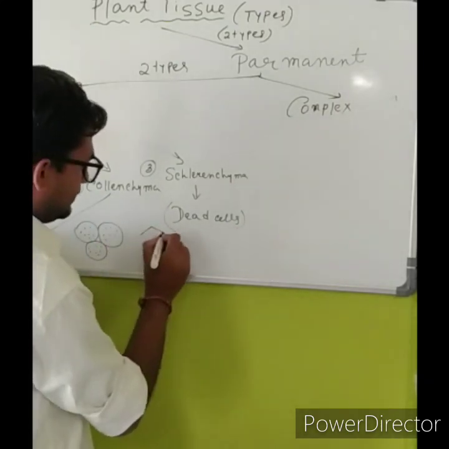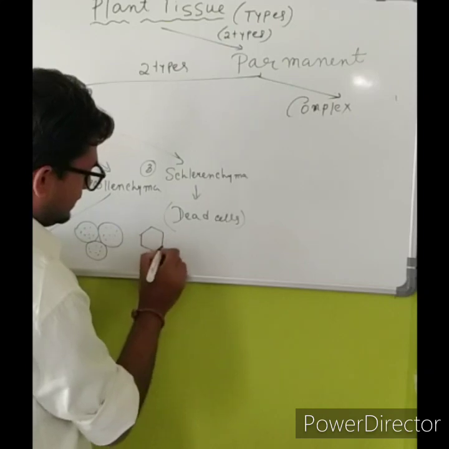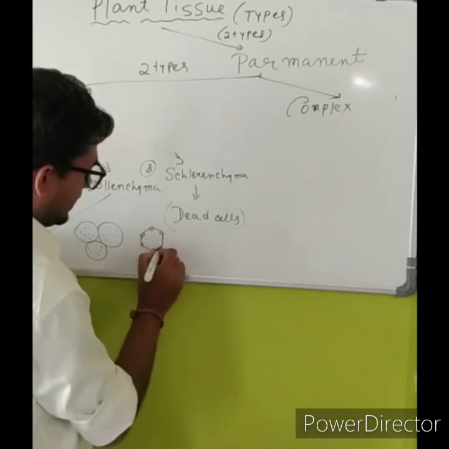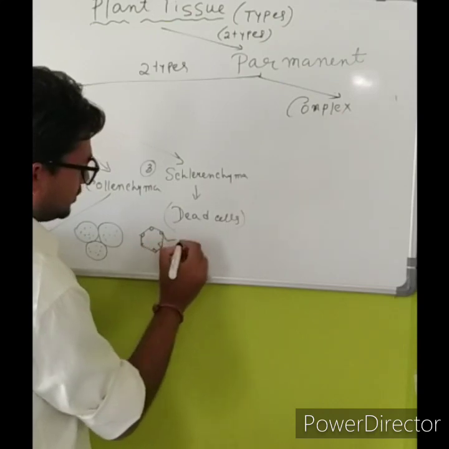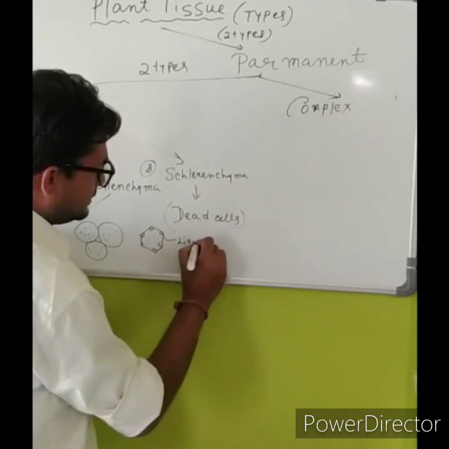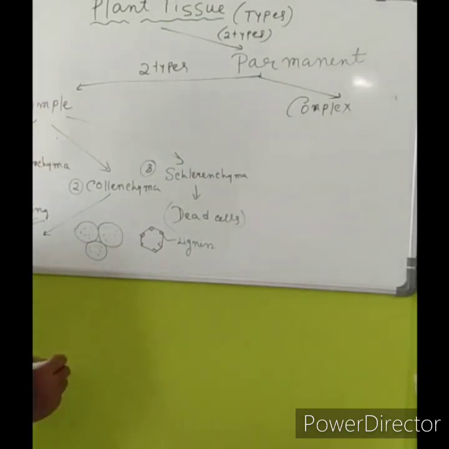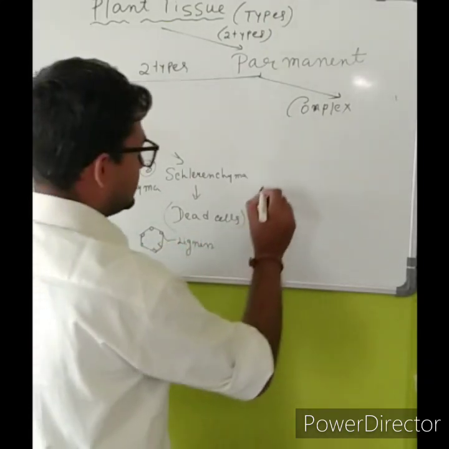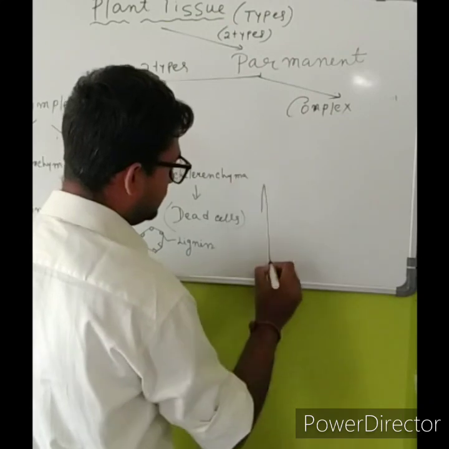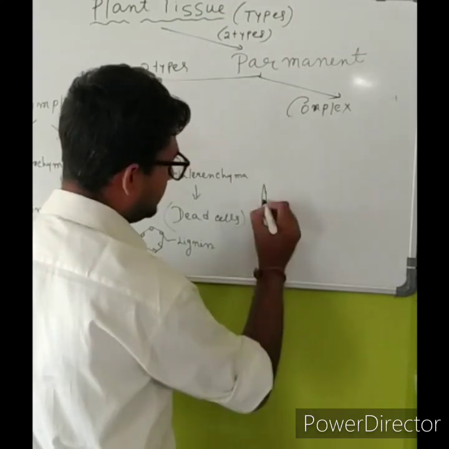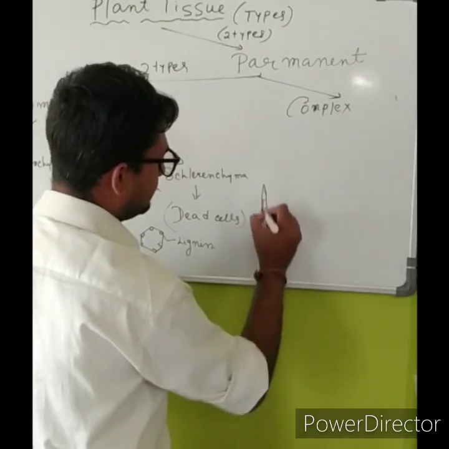Collenchyma cells have thick corners, with deposition of lignin and other cell wall materials. The sclerenchyma cells are needle-like and mainly mechanical in function.